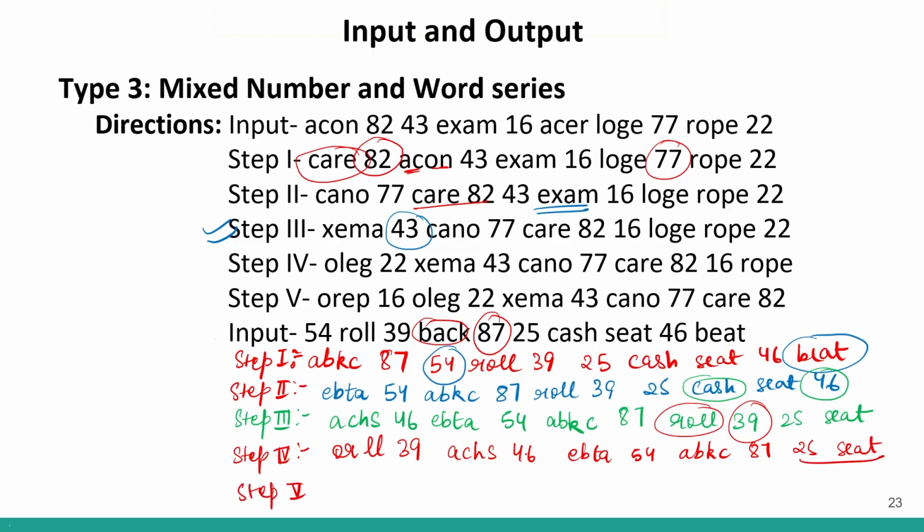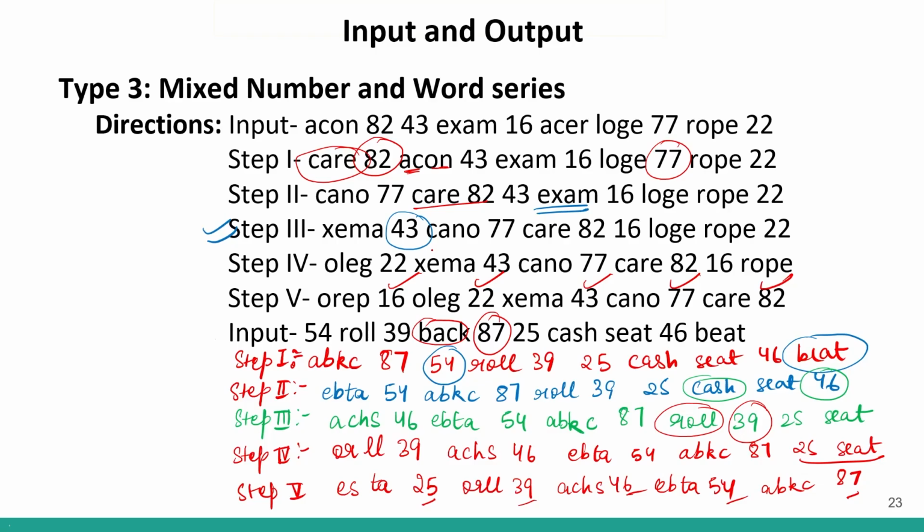So SEAT will become ESTA. Correct? We will get 25. We will get ORLL 39, ACHS 46, EBTA 54 and ABKC 87. So in the last step, we have them in the increasing order, correct? Over here also we have them in the increasing order. And the alphabets are like this, exchanged with each other, right? In decreasing order.